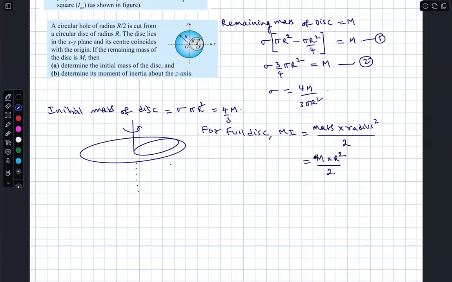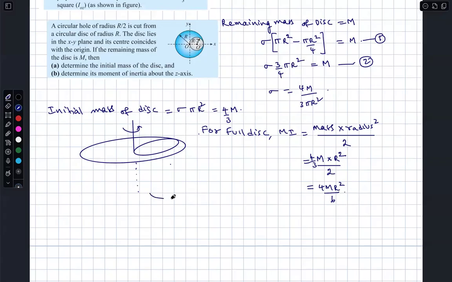But here the mass is 4 by 3 M, so M into r square by 2 becomes 4 M r square by 6. That is the moment of inertia of the full disk.